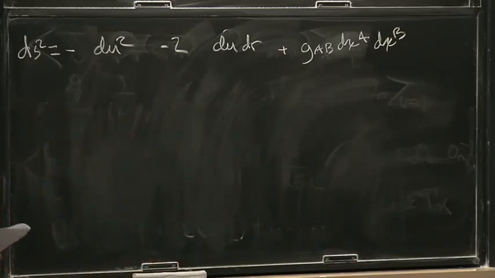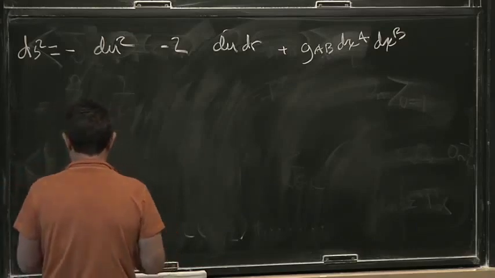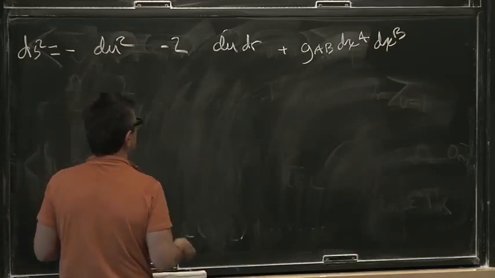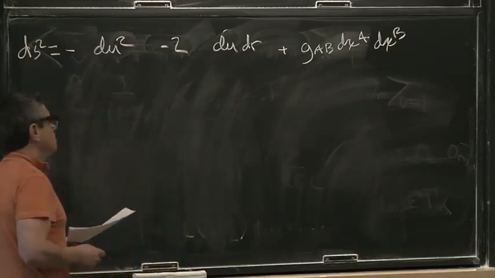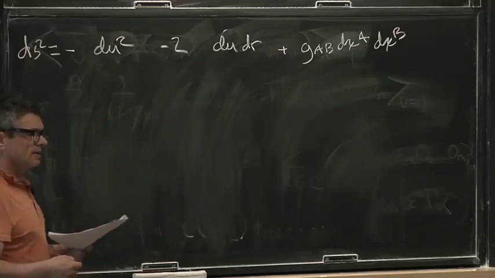Now we want to go to gravity, which means that we're interested in more general metrics, not just the flat metric. And the first statement I want to make is, we could have much more general metrics, but we're going to work in a particular coordinate system.